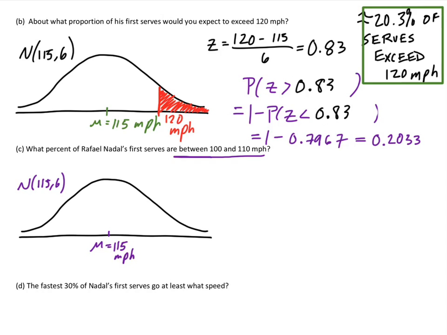So let's say I use green for those. Between 100 and 110. Draw it straight up. Those are my boundaries. And I'm going to shade. I want to know what this proportion is, this interval right here.